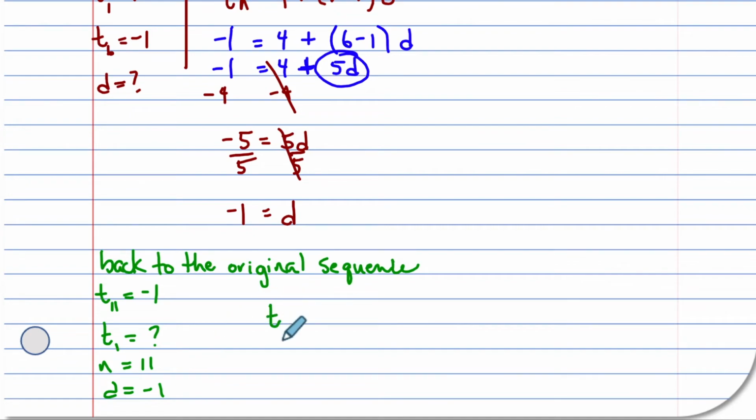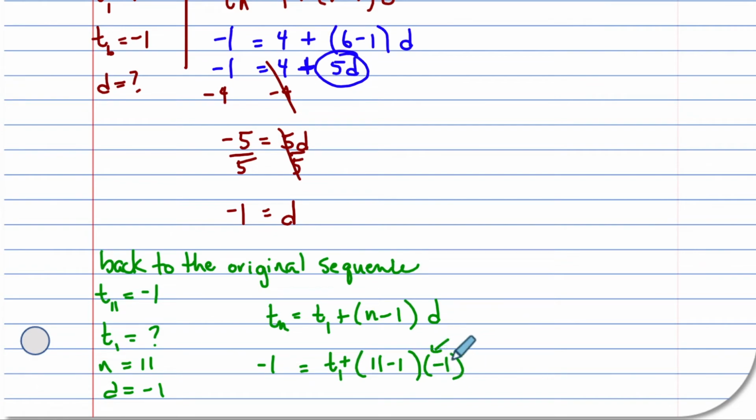We've got T of n is T of 1 plus n minus 1 times D. And let's plug in. -1 equals, the first term is what we're looking for. And then, don't forget the plus, 11 minus 1 times the -1.